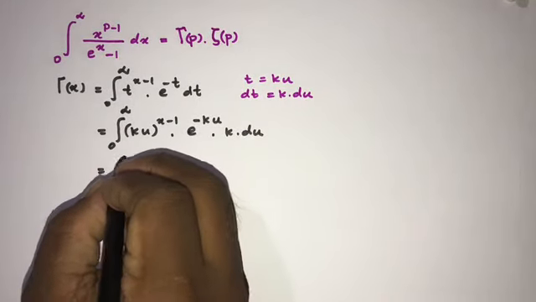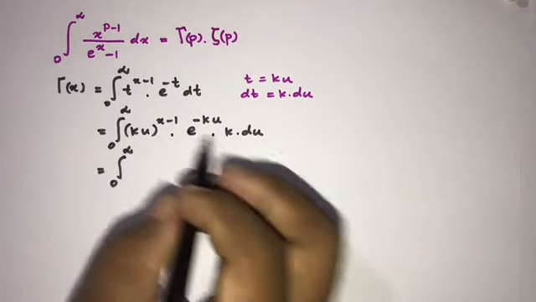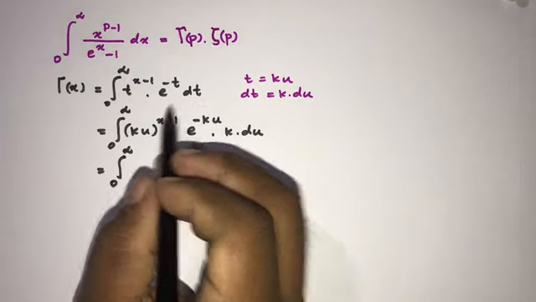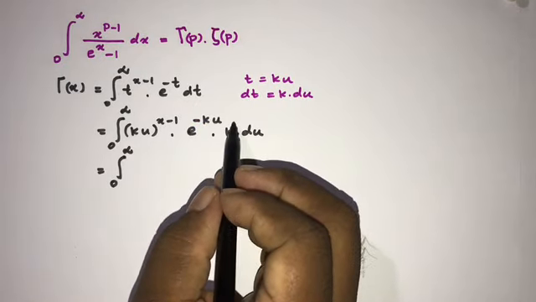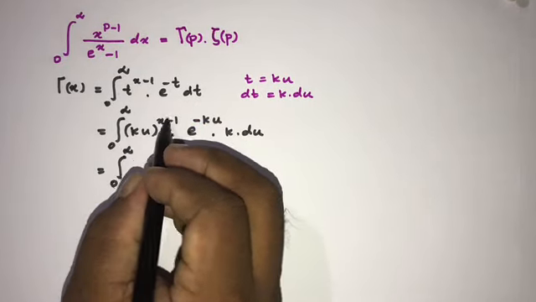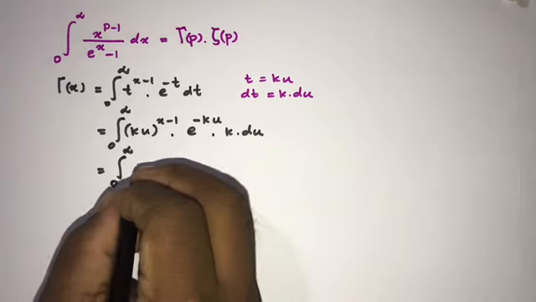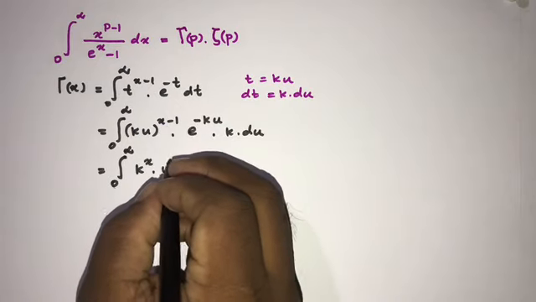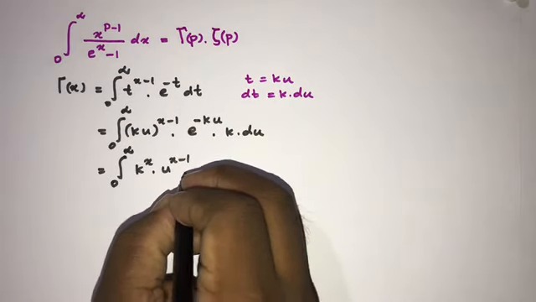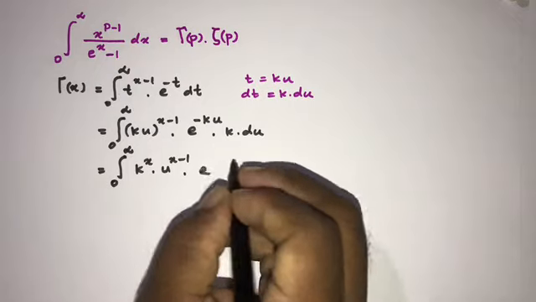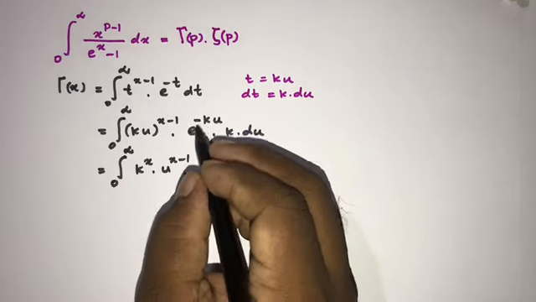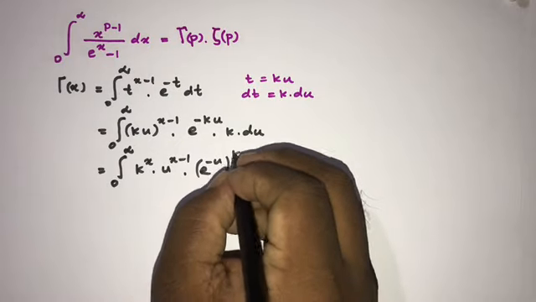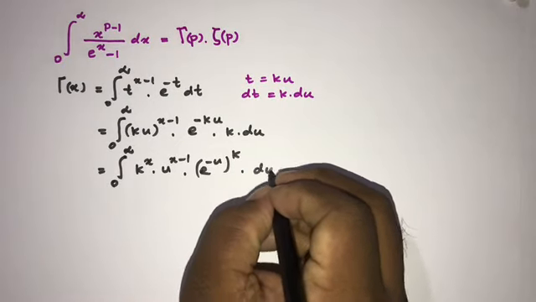Now here we have k to the x minus 1 power and k to the 1 power, so k to the x minus 1 times k to the 1 is k to the x power, times u to the x minus 1 times e to the minus u to the k power du.